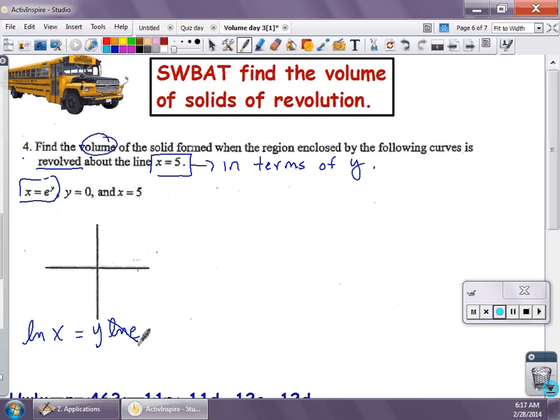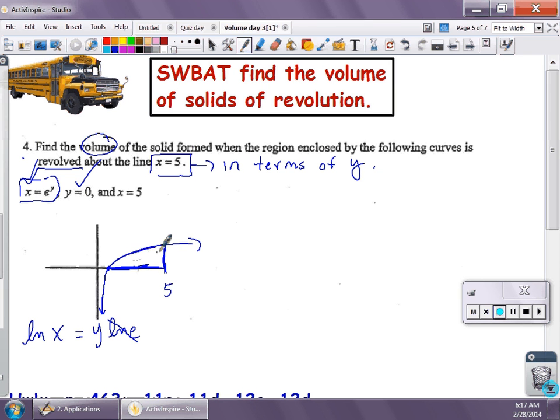Now that was just for our graphing purposes. We know already that the graph of ln of x goes through the point (1, 0) and does something like that. That takes care of that equation. y equal to 0 is the x-axis, so that takes care of that. And then we're going to stop at x equal to 5.